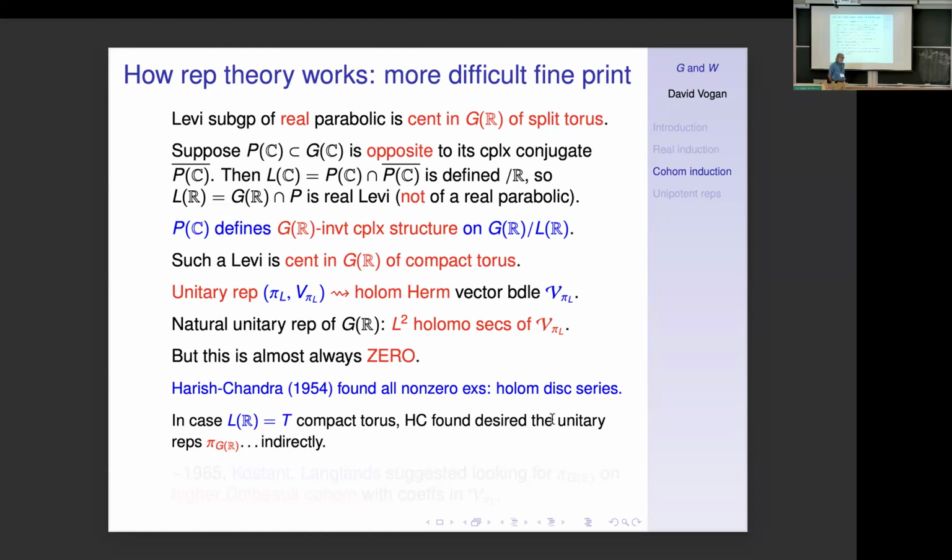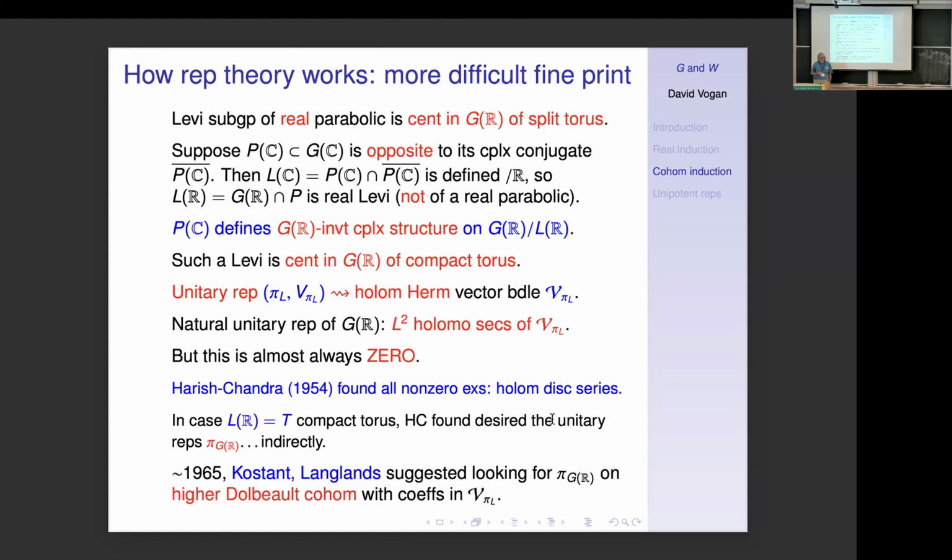But the proof was extraordinarily indirect. It's an amazing piece of mathematics. It's monumental, but you can't point to it and say, oh yeah, L2 holomorphic sections. No.